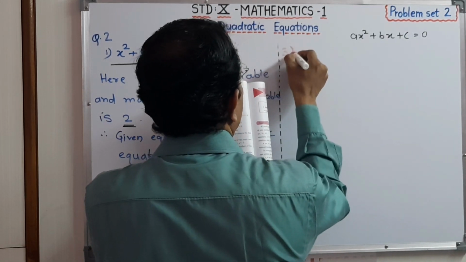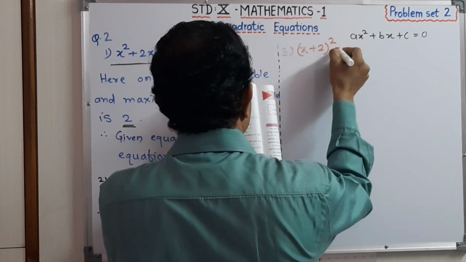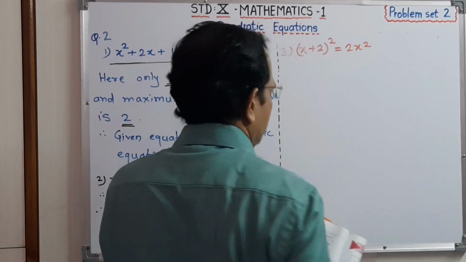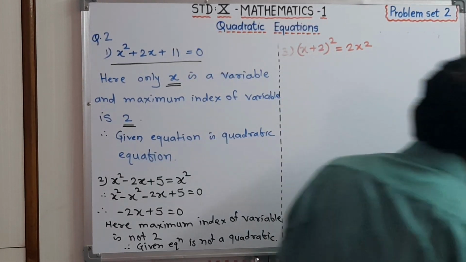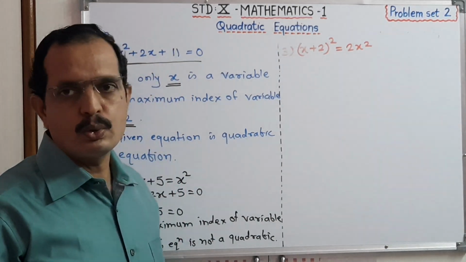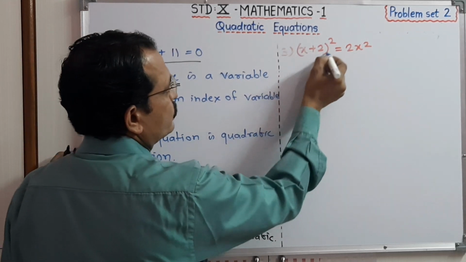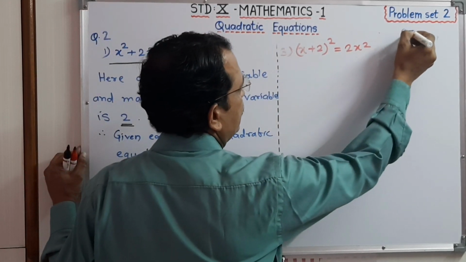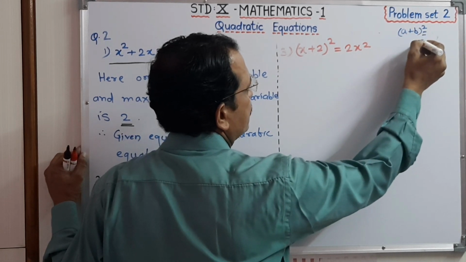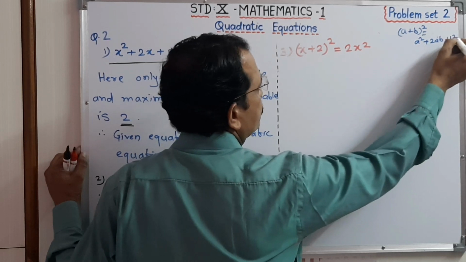It is x plus 2 bracket square is equal to 2x square. x plus 2 bracket square is equal to 2x square. Now in this equation we have to use the expansion formula. It is a plus b bracket square. You know that it is a square plus 2ab plus b square.